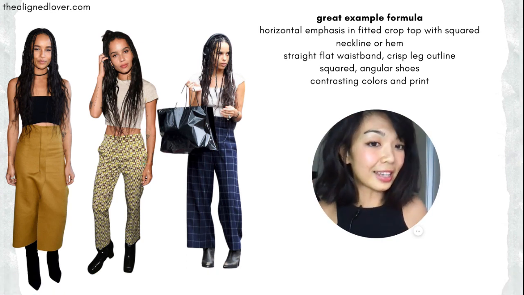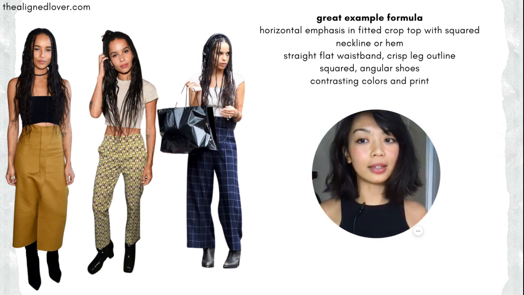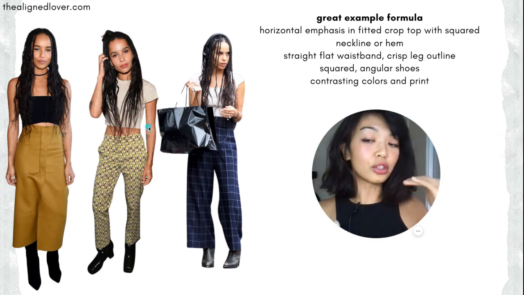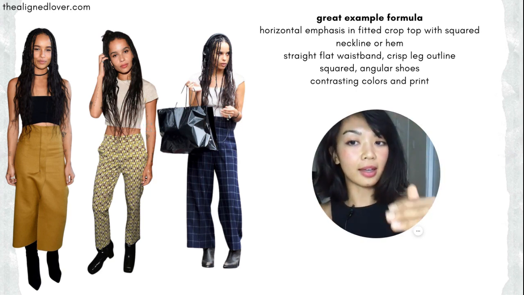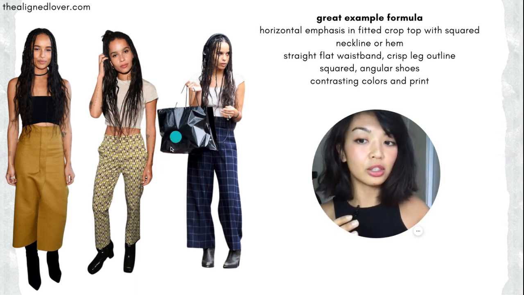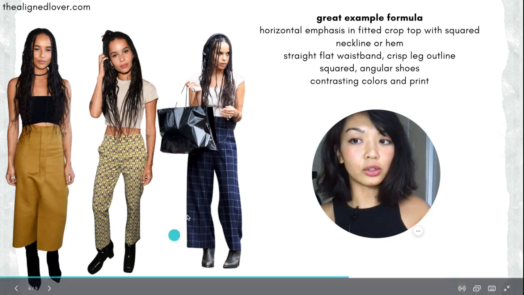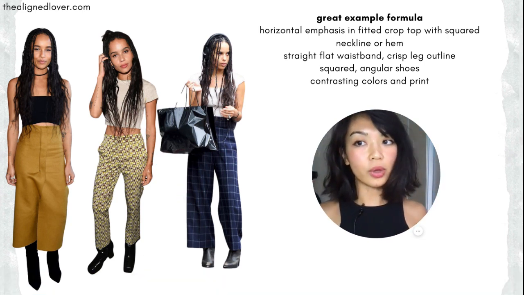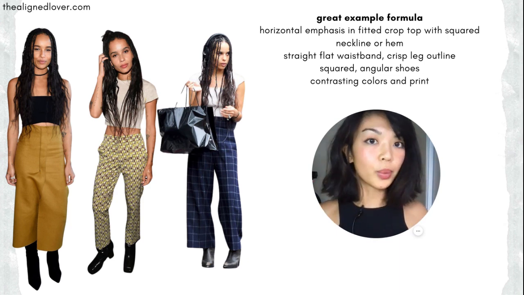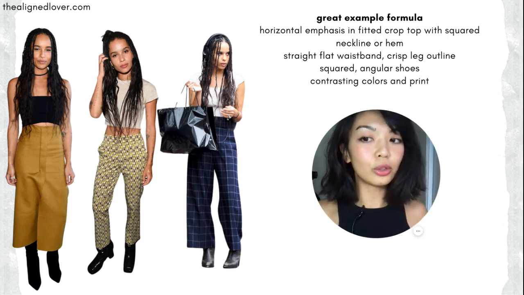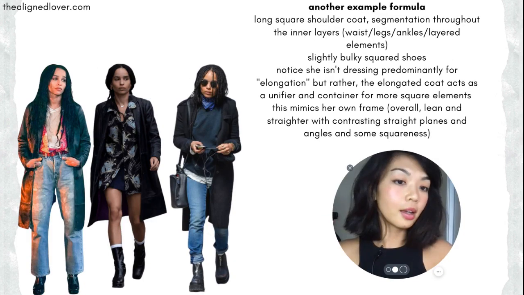Pretty standard in terms of combining prints, but because of the overall shapes she's using, because of the fit, because of the ratios she's hitting, and because of the shoes, she is really creating that beautiful staccato rhythm without going overboard on different colors or having to try too hard.